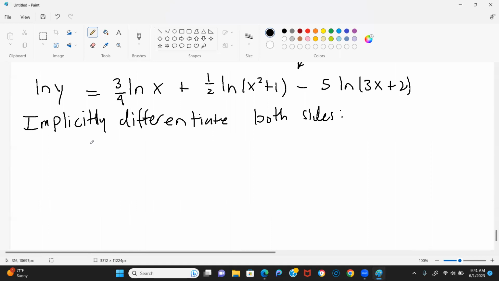So when we implicitly differentiate both sides, we're going to take the derivative of ln y, remember by that observation, it's going to be y prime over y. And now we just differentiate each piece on the right-hand side.